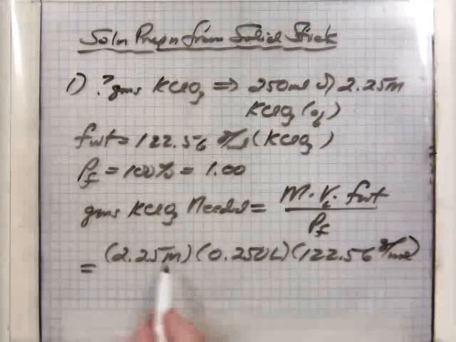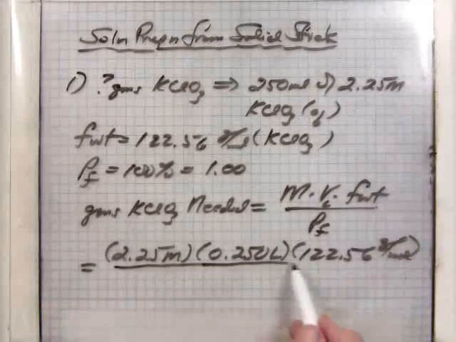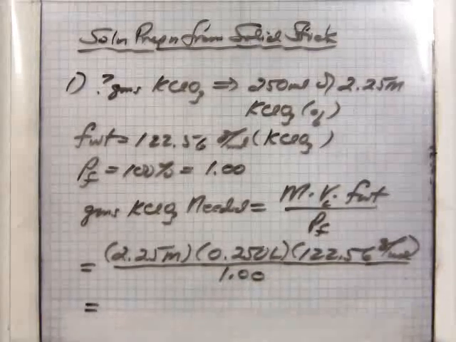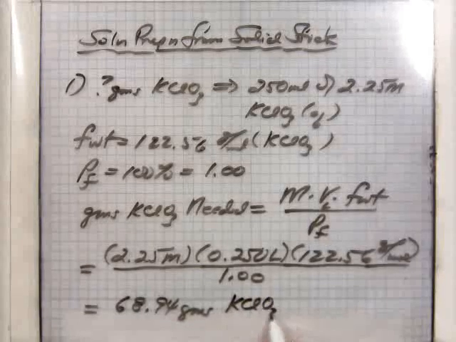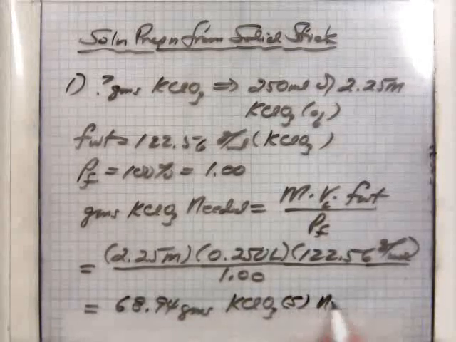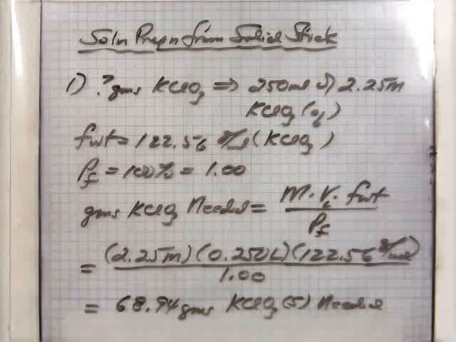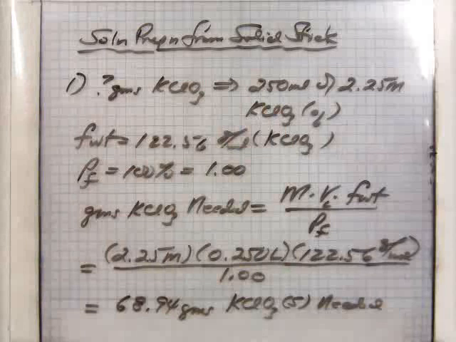And again, remember, molarity is moles over liters, so that justifies the cancellation of units. And 1.00 is your purity factor. So let's see if I got a squirrely answer again. KClO3 solid needed. And you transfer that into the mixing container, add solvent up to, but not to exceed the 250, and dissolve it. And you have the solution needed.